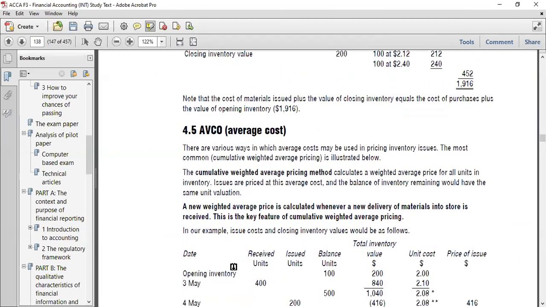So I want us to first concentrate just on this inventory. This is the principle. We started with 100, and its value is 200 because the unit price was 2.